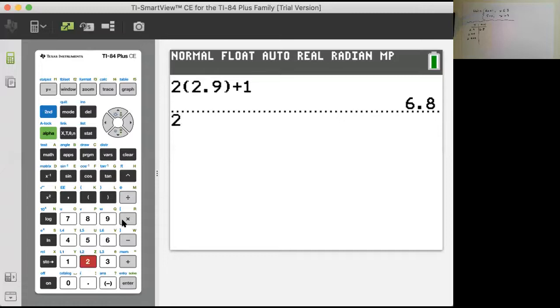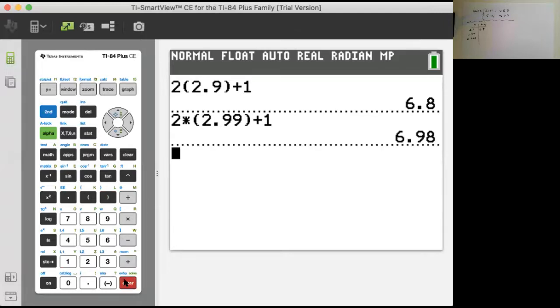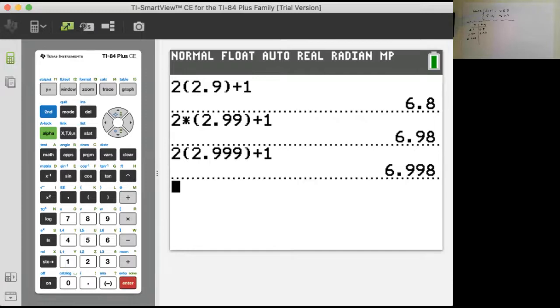So 2 times 2.99 plus 1 gives me 6.98. They seem to be heading in a certain direction. And then 2 times 2.999 plus 1 gives us 6.998.